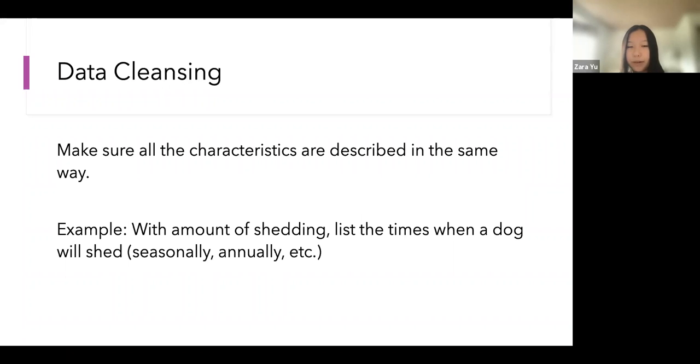For example, if a website puts it like a dog sheds a certain amount of hairs, but another website says a different dog breed sheds for a certain time, you have to make sure that they all have the characteristics described in the same way. So with shedding, list the times when a dog will shed instead of how many specific hairs they shed. So do they shed seasonally, annually, etc. You could do it like that.